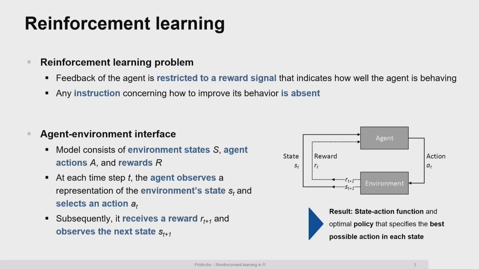its behavior. Formally, we have an agent, an environment, and different time steps, and at each time step, the agent observes the so-called state of the environment. For example, if you think about a robot that has to navigate on a grid, the current state could be its current location on that grid.